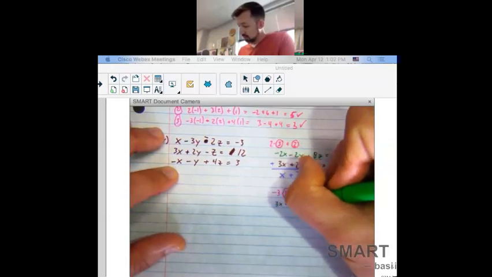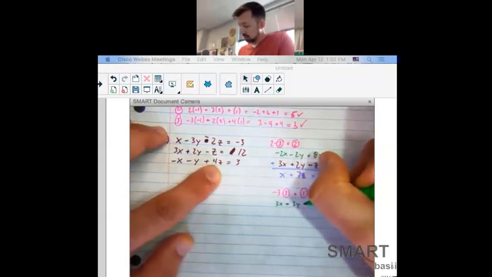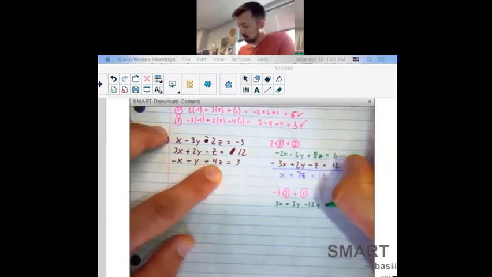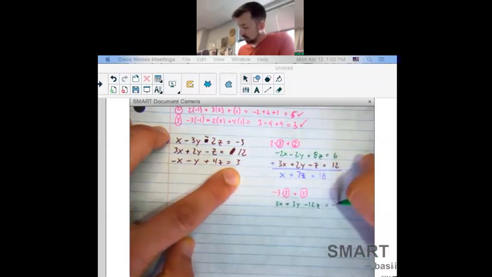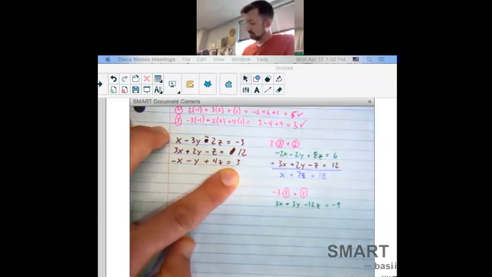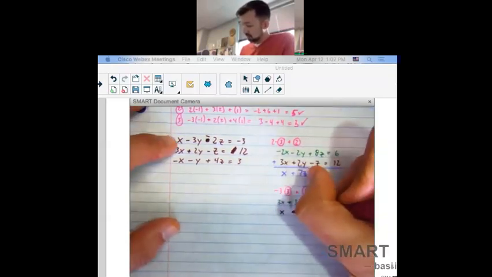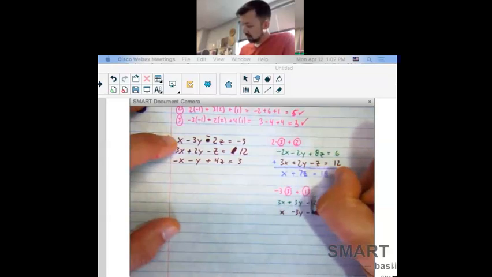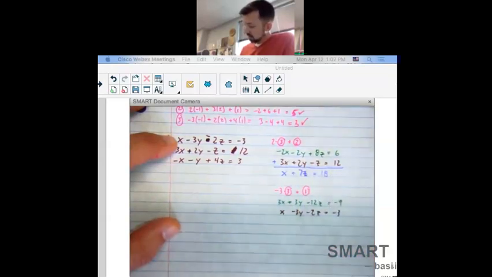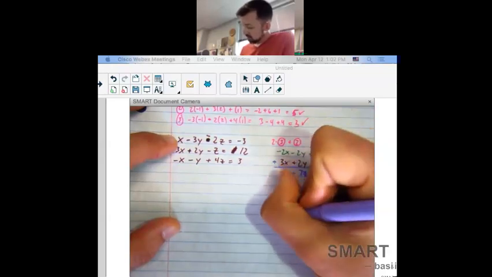Positive 3x plus 3y, -3 times that would be -12z's. -3 times that would be -9. And then the top equation as it was.